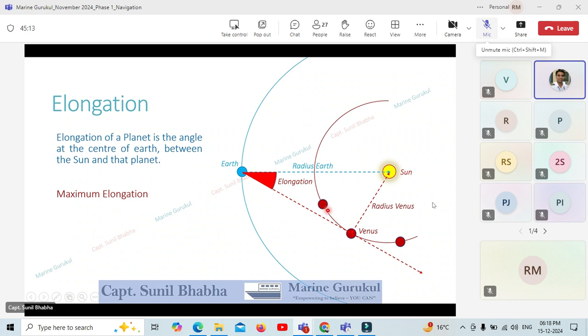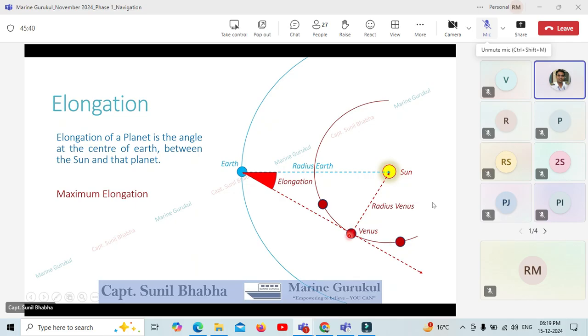After this, the elongation will keep on increasing. Now, if you look carefully at this particular point, Venus will have the maximum elongation. The angle at the center of Earth will be maximum at this particular placement of Venus in its orbit. As Venus moves forward in its orbit, you see the elongation will start to reduce again.